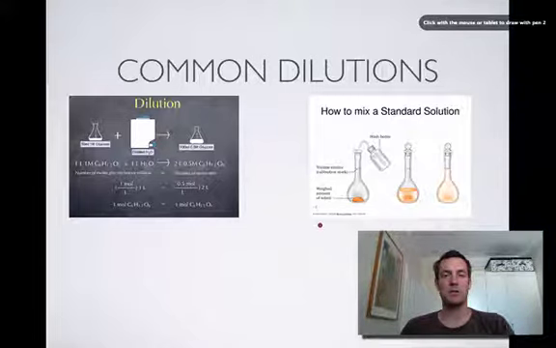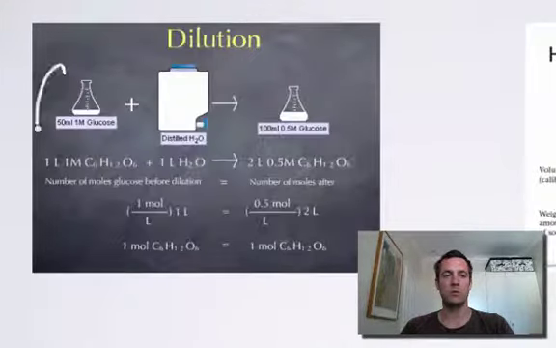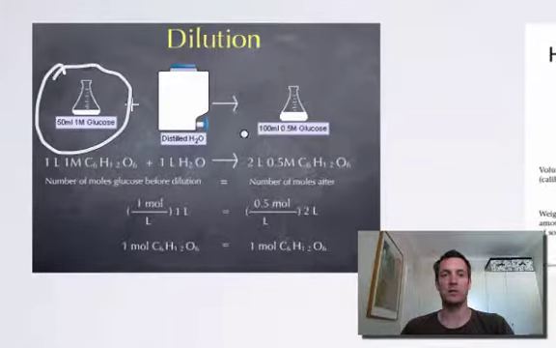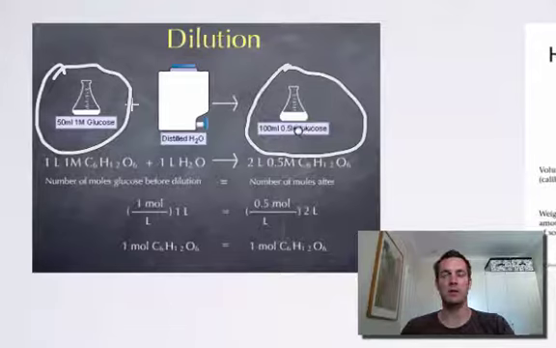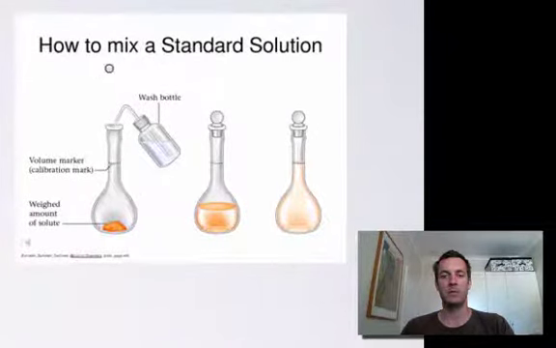Okay, why do we bother doing these kind of problems? Well, because in chemistry we're in all sorts of different situations where we're diluting things. Here we've got an example where we're starting off with a particular concentration of glucose solution. We want to end up with a different concentration, so we need to know how much water we're going to have to add. Okay, here we've got a diagram of a standard solution being made.